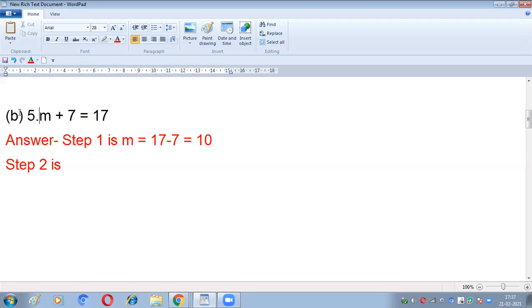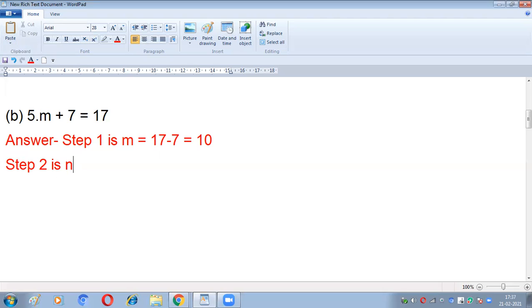So 5 dot m, 5 multiplied by m. So that means here 5 is in multiplication. Here 5 is having a multiplication sign, and if this 5 will shift to the right hand side, this will move to the division sign.